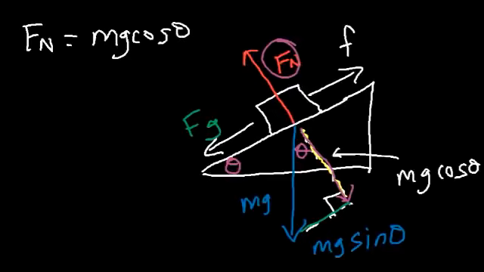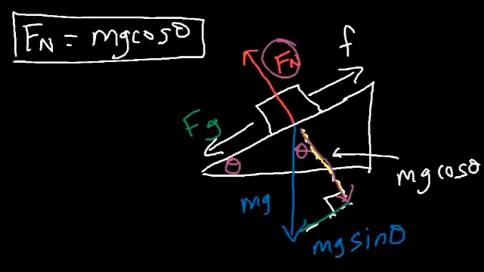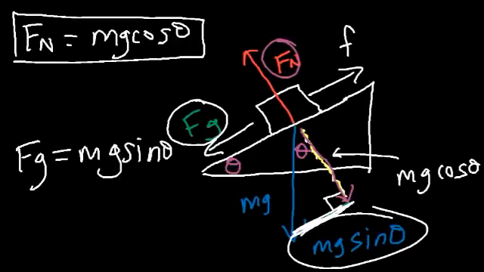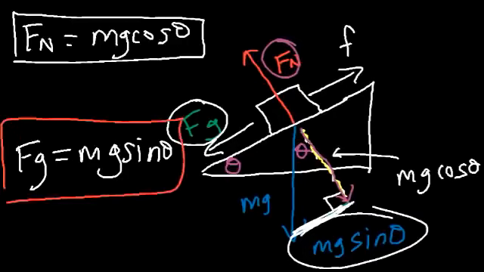This is an equation that we're going to use a lot, so make sure you commit it to memory, but also it helps if you can understand how to get it from the free body diagram. Now notice that FG is parallel to this part of the triangle, so FG is equal to mg sine theta. That's another equation that you need. So remember these two equations. We're going to use them to solve a lot of problems.